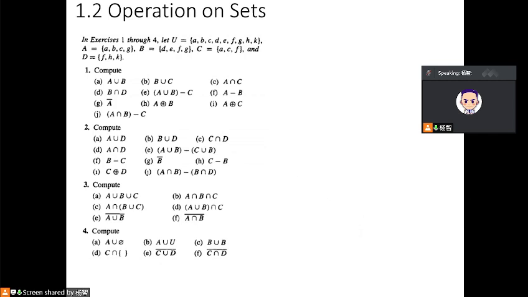Look at exercise 1. Can we calculate exercise 1?